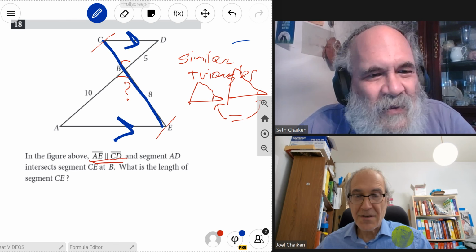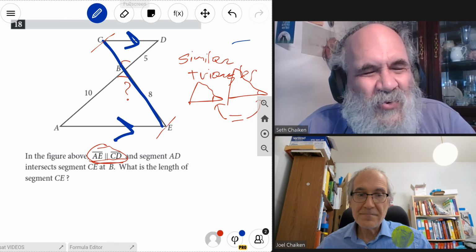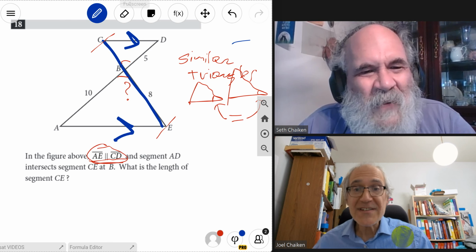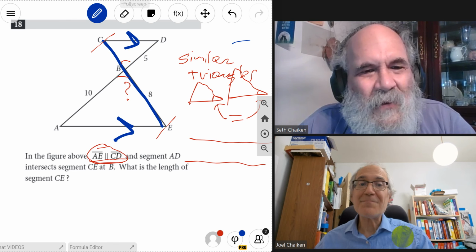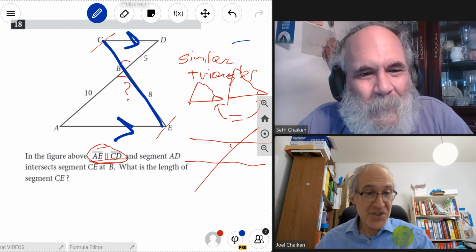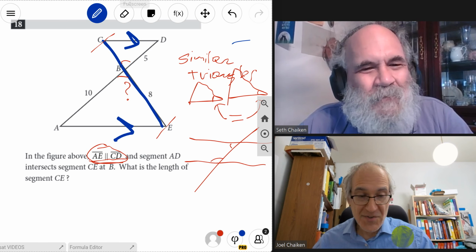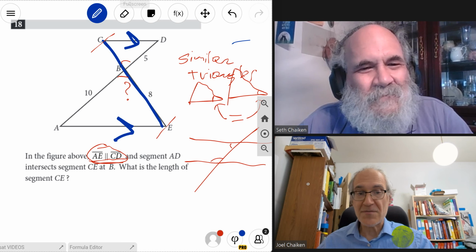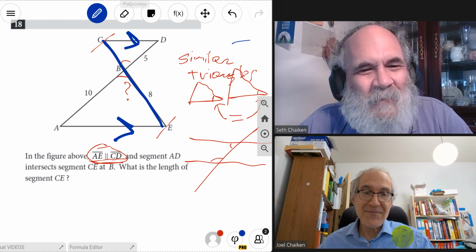In a geometry problem, you're always given clues. Clues are the big deal of geometry problems. You pay attention to all the clues, and you're lucky in geometry, because almost never do they give you extra clues. If you're given something, you're going to use it, virtually guaranteed.